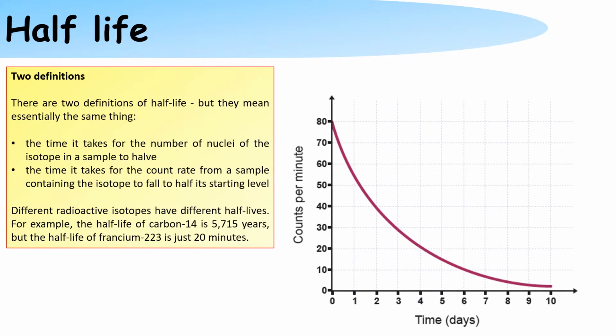There are two definitions of half-life. They are the time it takes for the number of nuclei of the radioactive isotope to halve, or the time it takes for the count rate of a sample containing the isotope to fall to half of its original level.